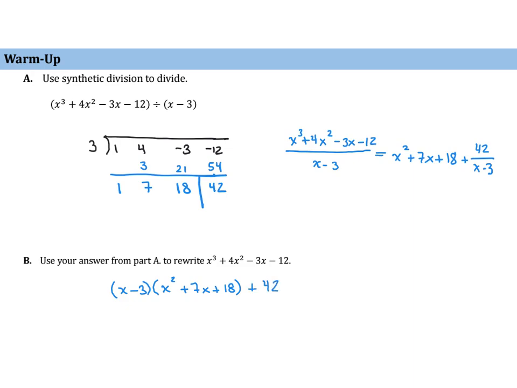And what's this equal to? This is equal to our x cubed plus 4x squared minus 3x minus 12. So we can always take our dividend and rewrite it by taking divisor times quotient plus remainder.